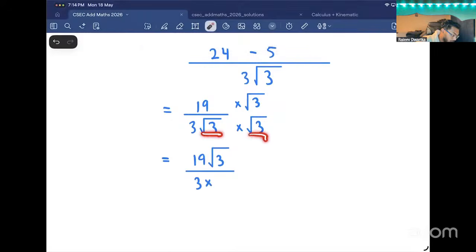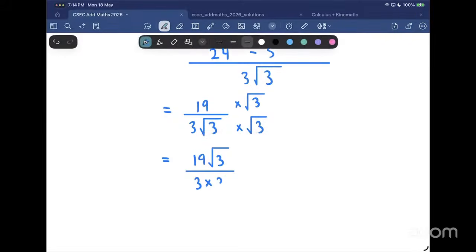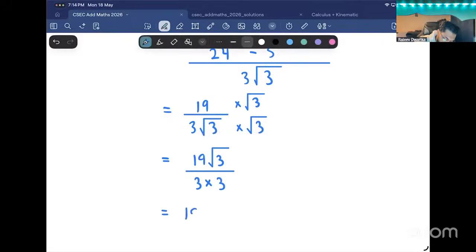What is root 3 by root 3? 3. So your final answer should have been 19 root 3 over 9.